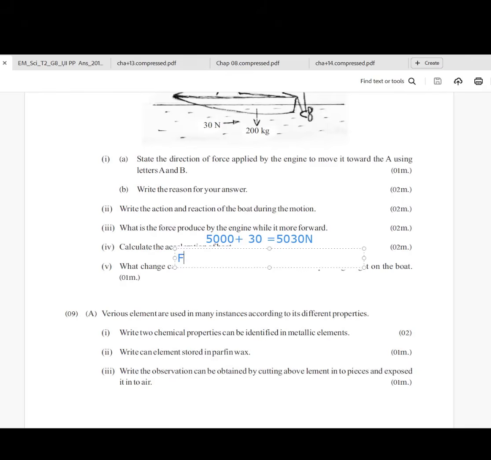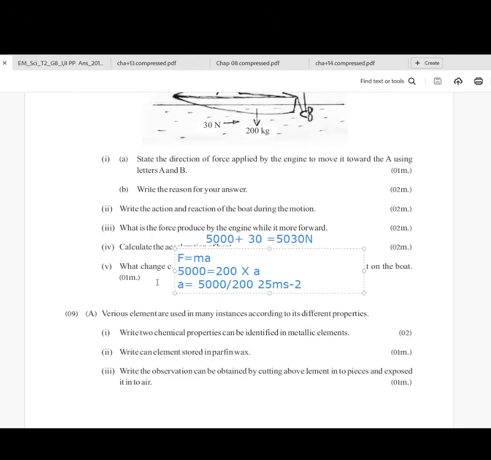Then F equals MA should be used here. Force is 5,000, it should equal the mass, mass is 200 and acceleration is a. a equals 5,000 divided by 200, equals 25 ms^-2.